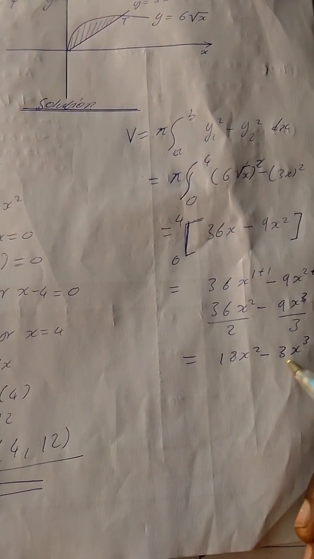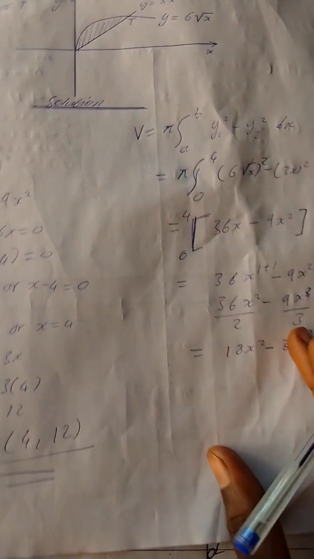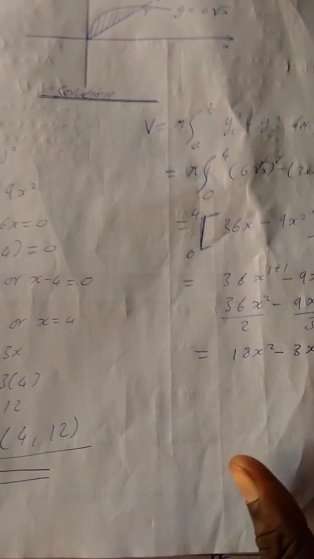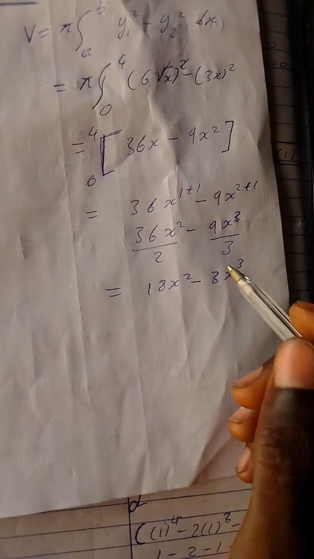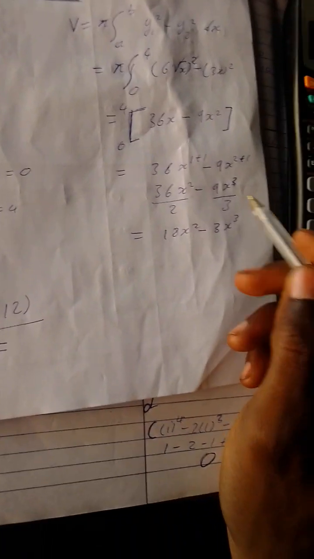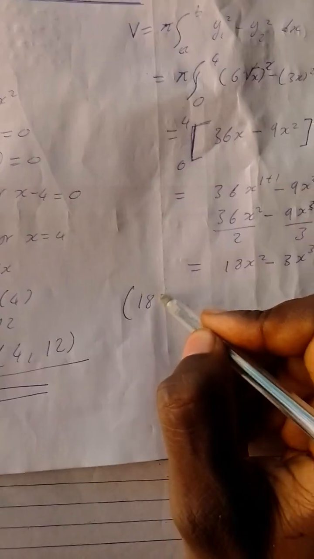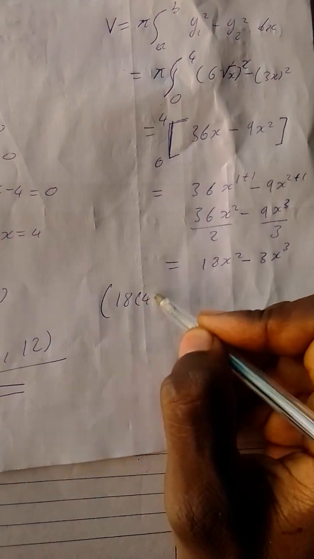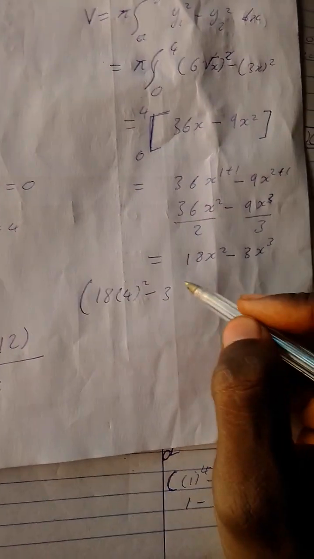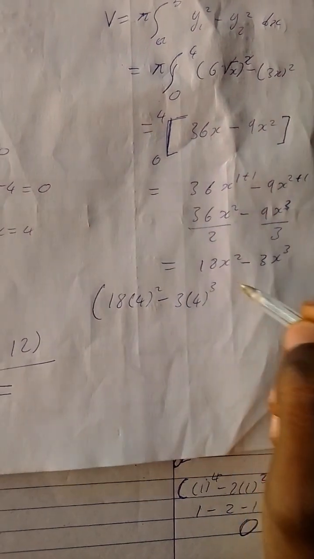So now after you are done integrating, the next step is you plug in the limits. So here always start with the upper limit. Never forget that. Always start with the upper limit. So when you want to plug in the upper limit on this equation I found right here, you simply say open bracket 18, open bracket, upper limit 4, close bracket, to the power 2 minus 3, open bracket 4 to the power 3, close bracket.